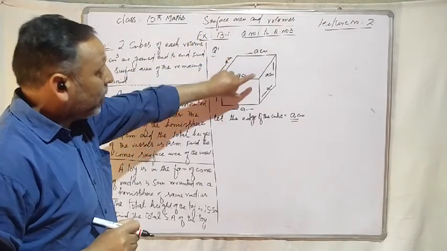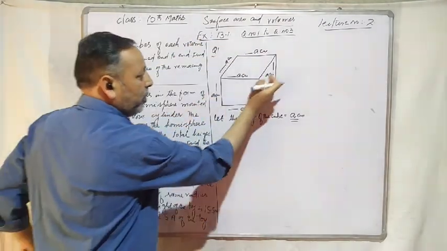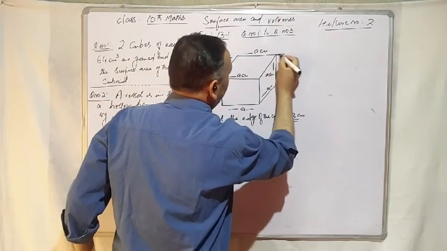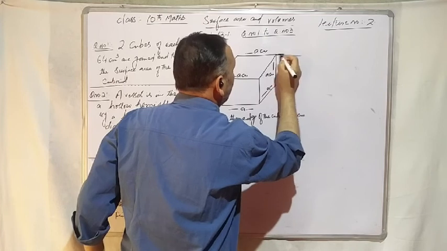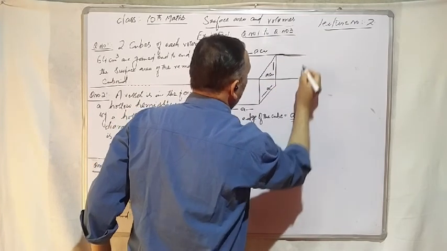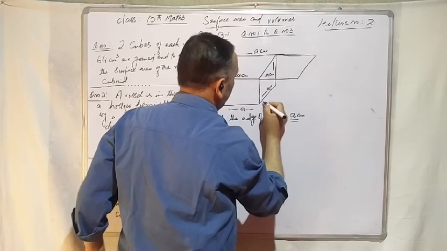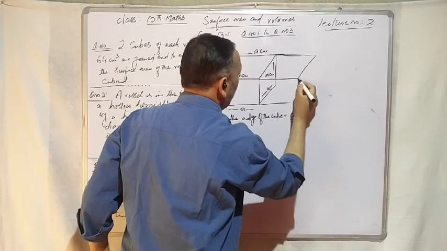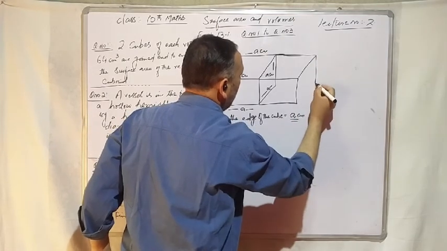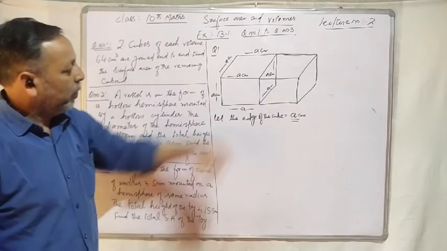And another such cube, of the same dimensions, is joined end to end with this cube.